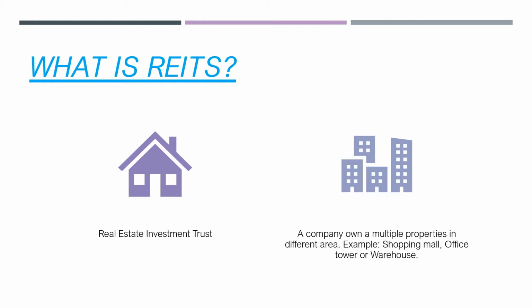First, we have to know what a REIT is. REIT stands for Real Estate Investment Trust. I believe everyone knows what real estate is. Real estate is the properties that you own.